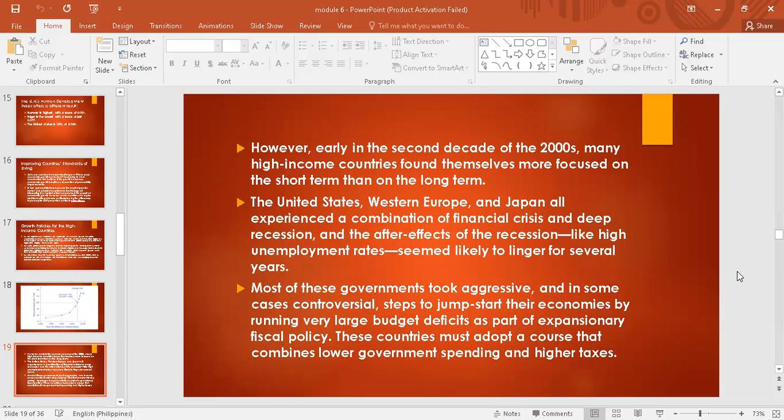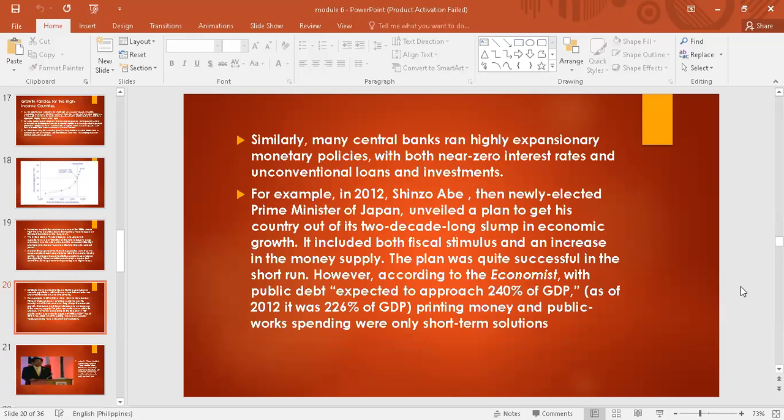Implementing either expansionary fiscal policy or contractionary fiscal policy is not futuristic. It only solves economic problems briefly, but eventually, after some years, a financial crisis or recession comes. So it does not help in raising the standard of living.